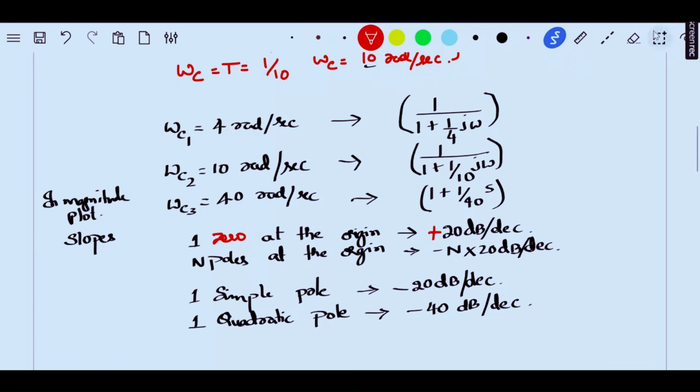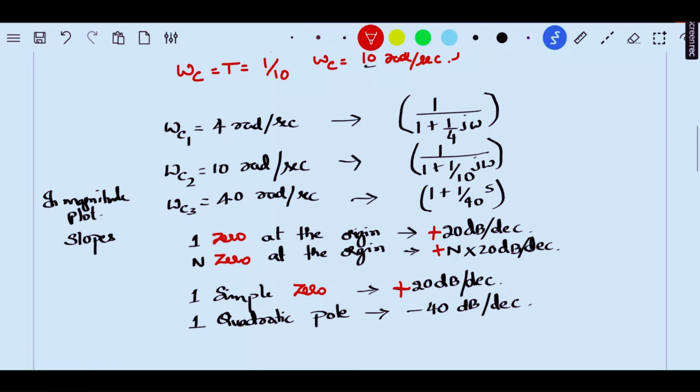Similarly, if you have n zeros at the origin, then the slope it offers is plus n into 20 dB per decade. If you have one simple zero, then this one simple zero will offer plus 20 dB per decade slope.